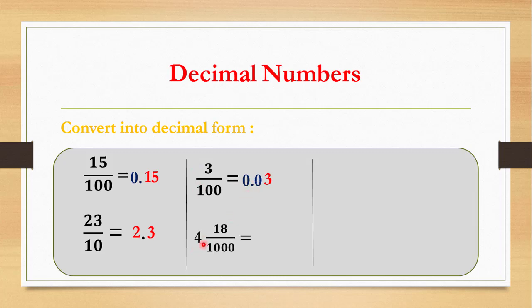Here we have 4 and 18 over 1000. I write 18, count 3 places, 1, 2, I need a 0, so I put 0, then I put the decimal point, and the whole number is 4.